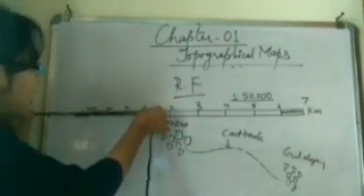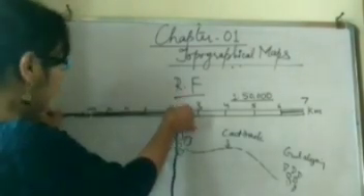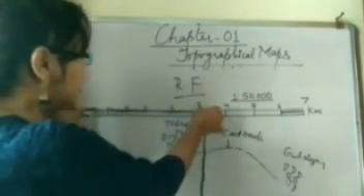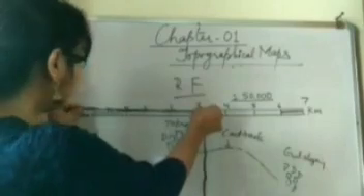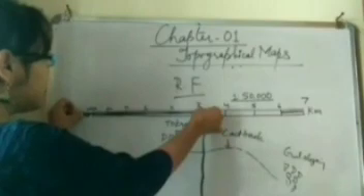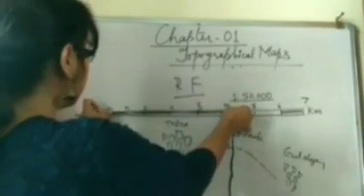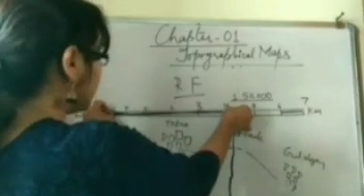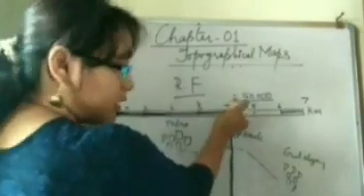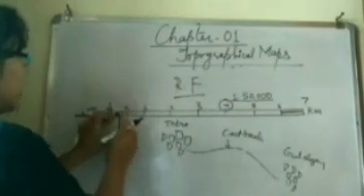This is outside the scale, no. So put it on 2 kilometers. No, this is also coming out. Now put it on the third one. No, still outside the scale. Now put it on the 4th. Here it's coming inside. So I'm going to mark 4 here.